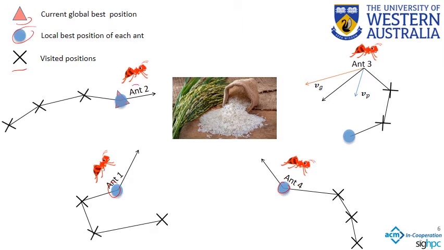In this example, ant two's local best position is also the global best position for the whole swarm. For example, in ant three, the direction to the global best is different from the direction to its local best. So each ant will combine these two pieces of information to obtain the best position for this ant in order to reach the global optimum.